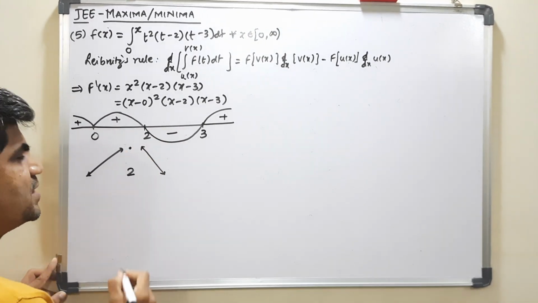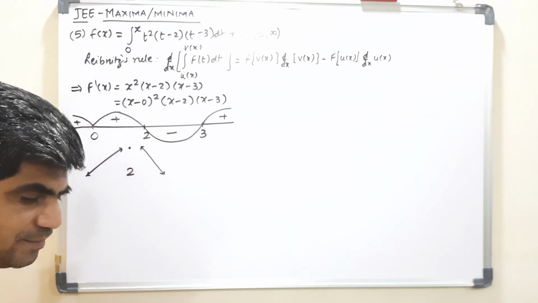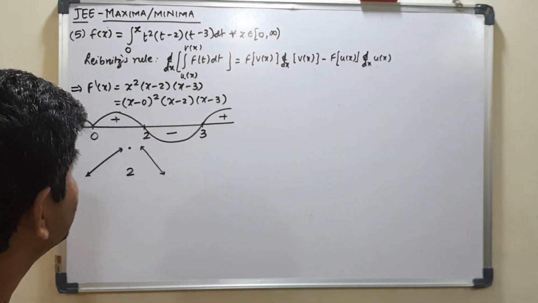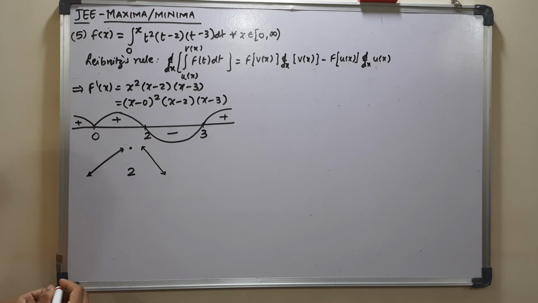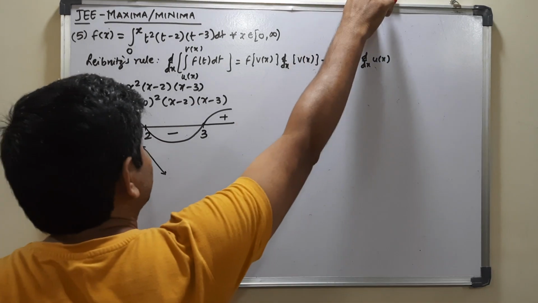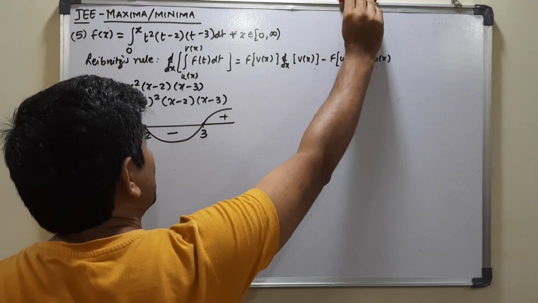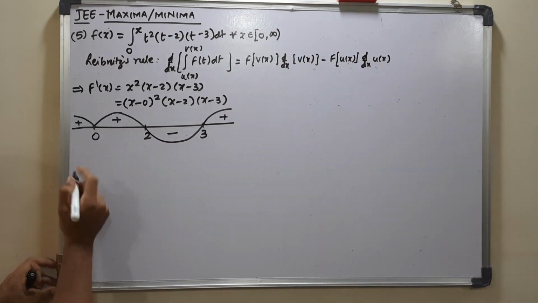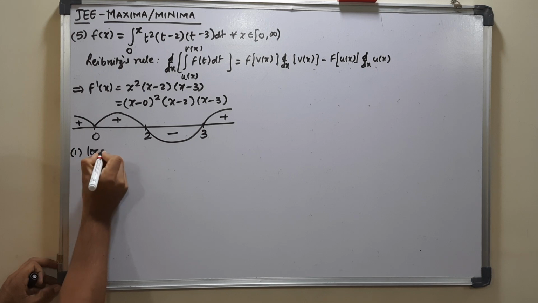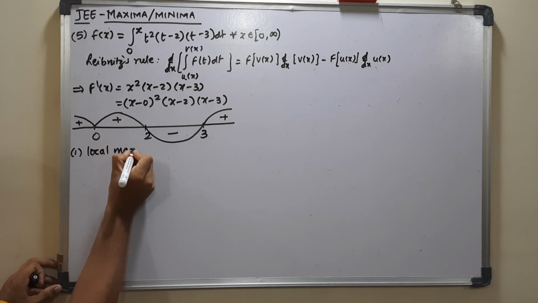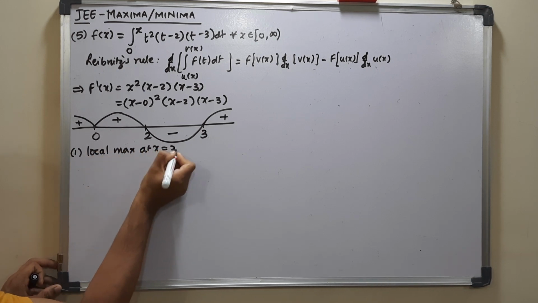This point is the point of maximum. So I can say the function has local maximum at x is equal to 2. My first conclusion is like this: local max at x is equal to 2.